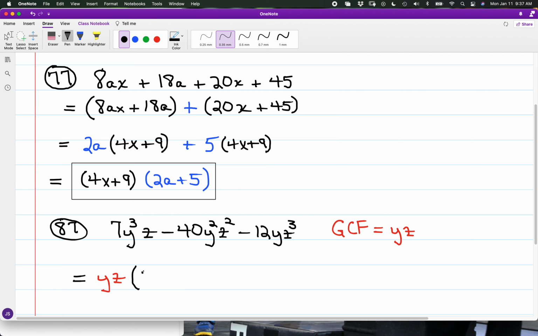This will be 7y squared minus 40yz minus 12z squared.